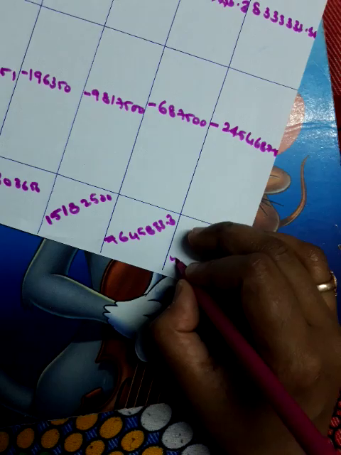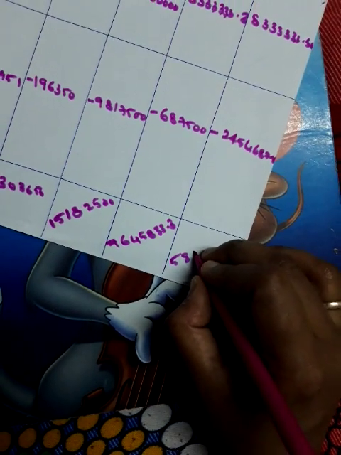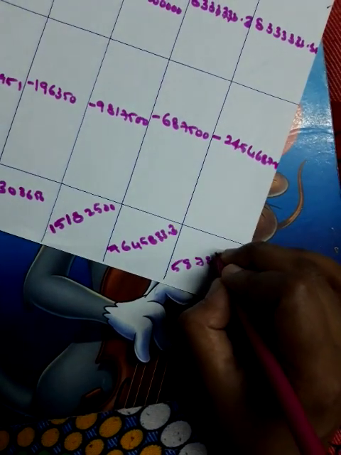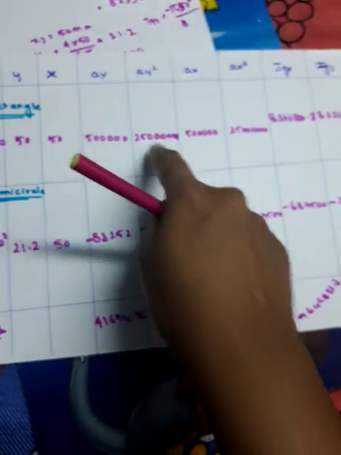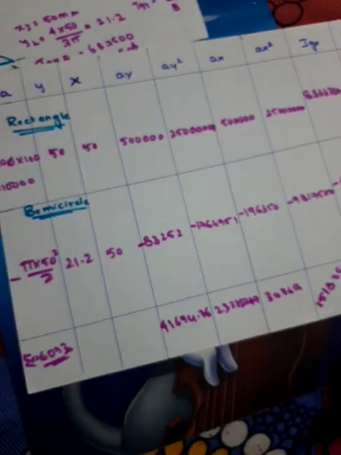Then this one, this is 5878. This is second, 78645.8. Okay, so these are all the values which I got. You just have to add these two things. Since you have only two elements, you will be getting only these values.